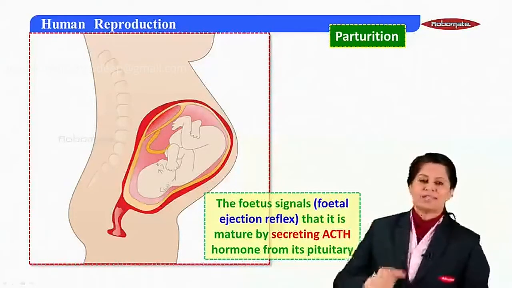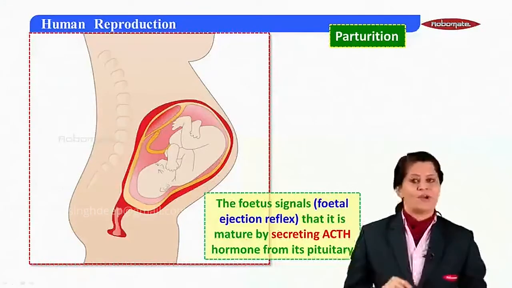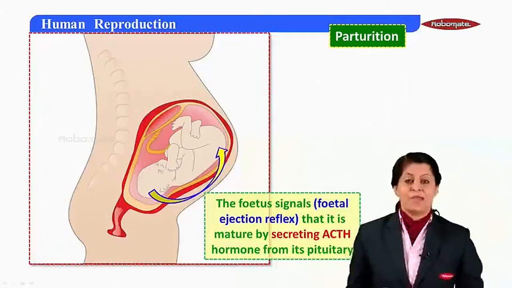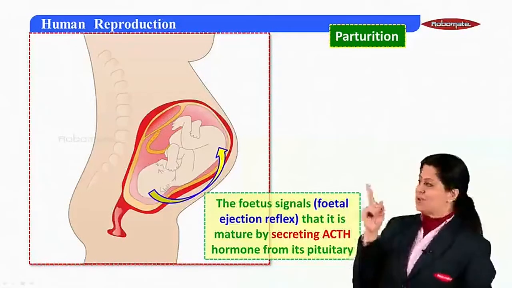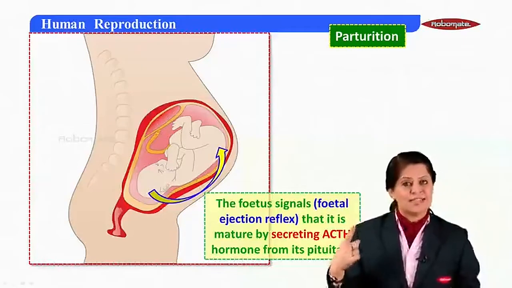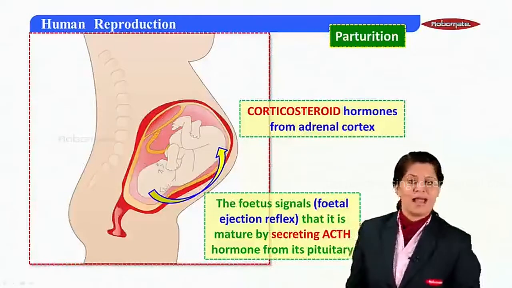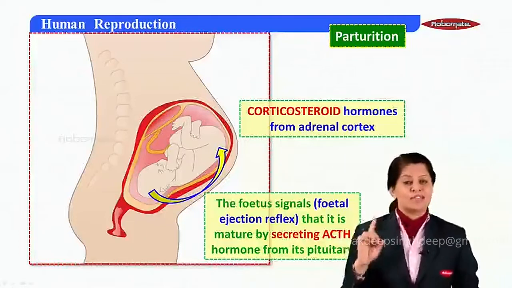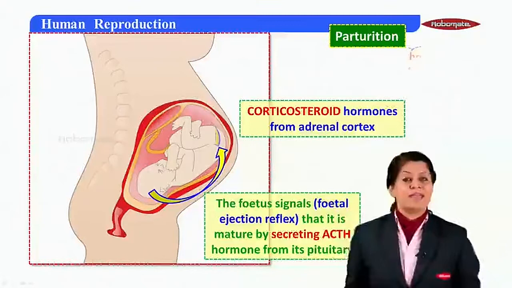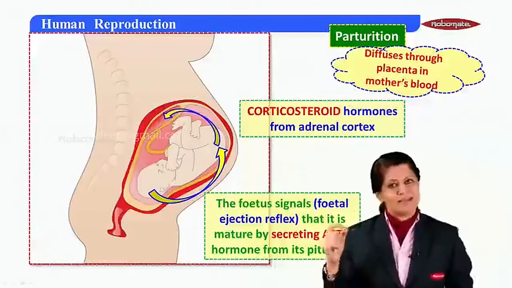So where is this going to be acting on? ACTH's target organ, students, is adrenal cortex. Now it stimulates adrenal cortex of the fetus to start releasing corticosteroid hormones which are produced by adrenal cortex. Now these corticosteroid hormones from the fetus diffuse through the placenta into the mother's blood.